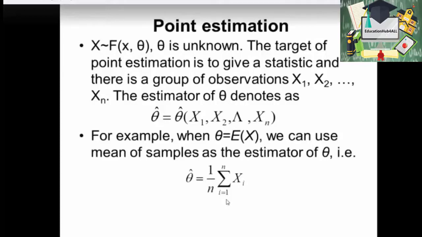So this is the general representation of the parameters in the population. If we make a function, then for any observed sample, we can have an estimator for theta. This is called a point estimation.